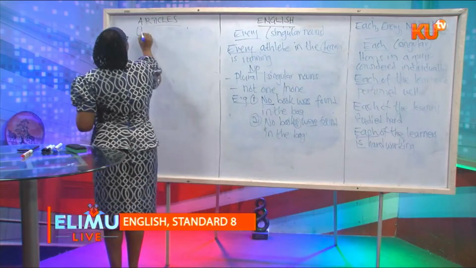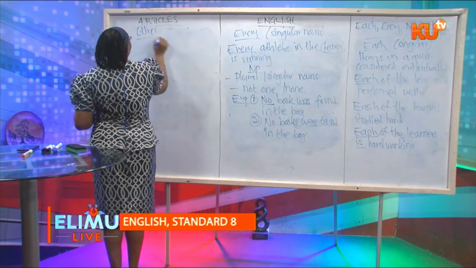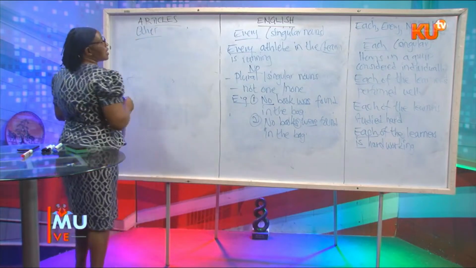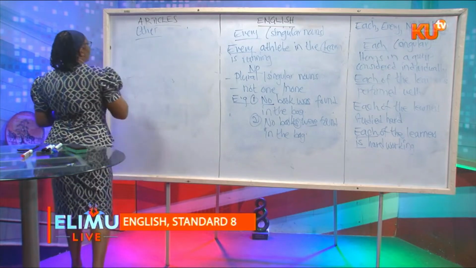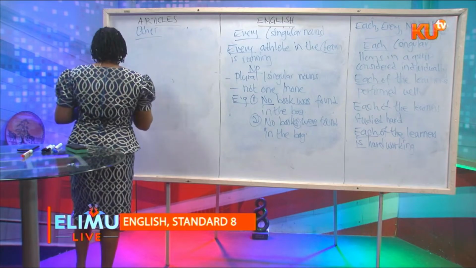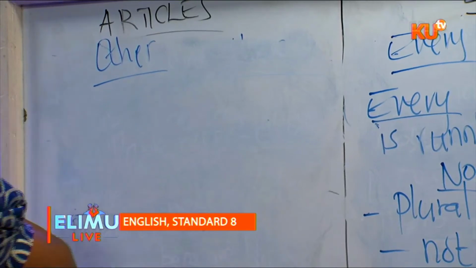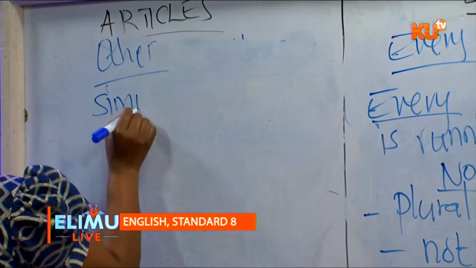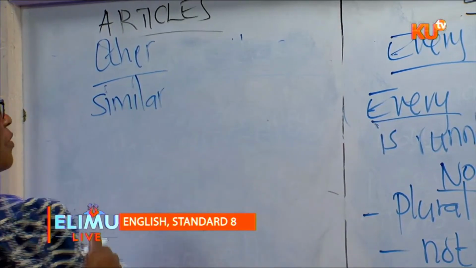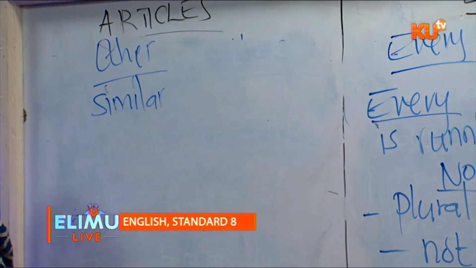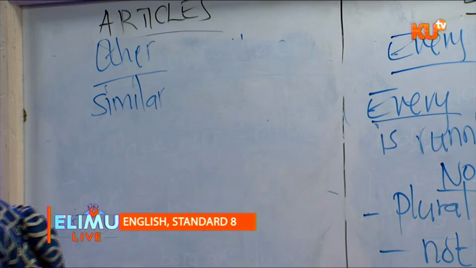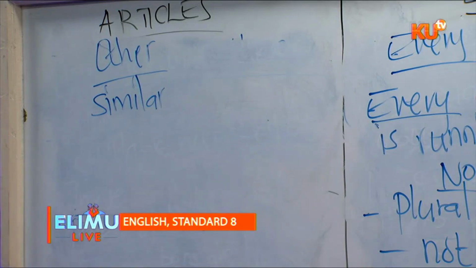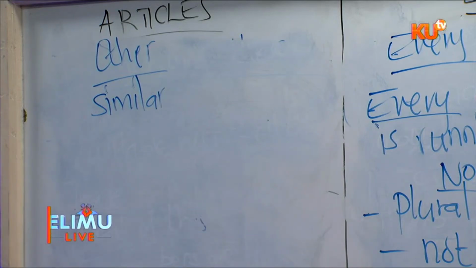The word other or determiner other means something of the same kind, something which is similar to the one that has been talked about earlier.